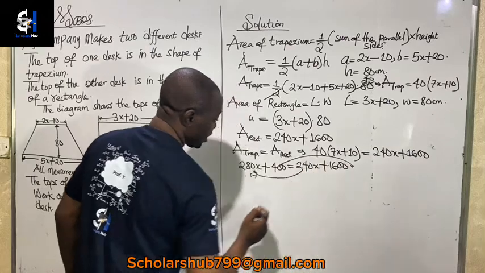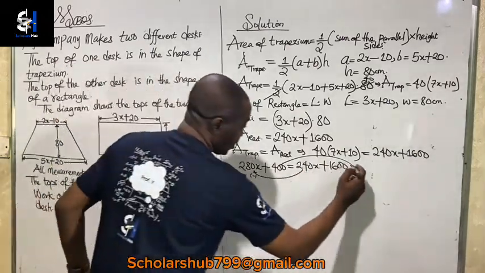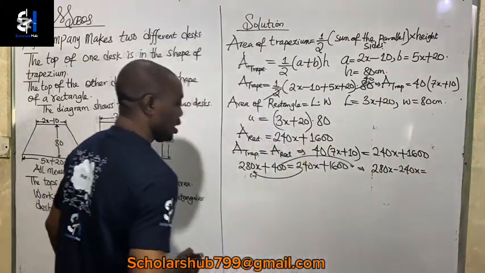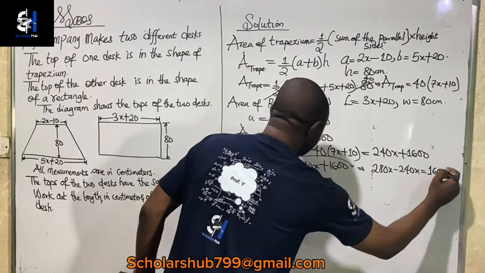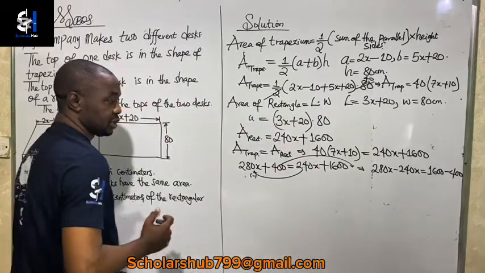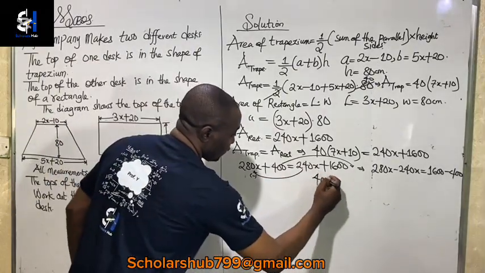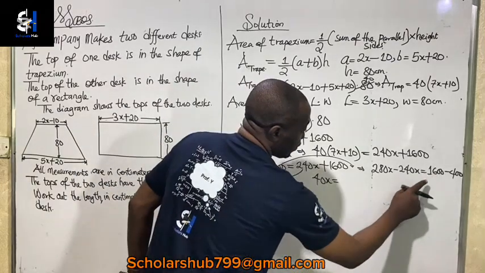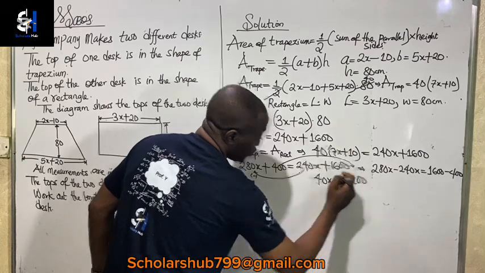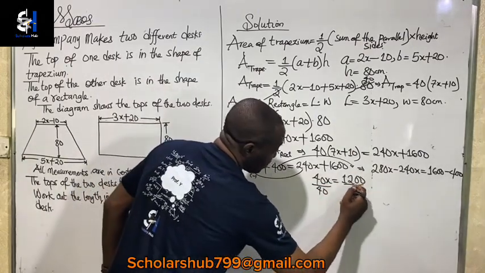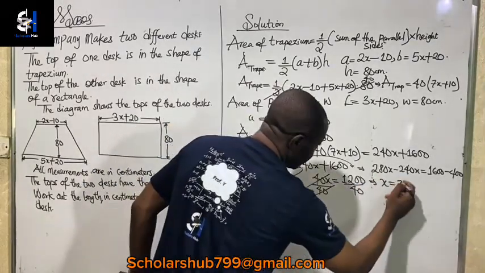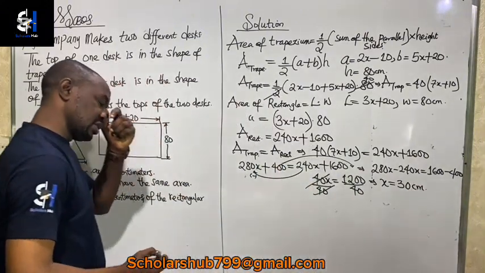The 400 will travel to the right-hand side because we are combining like terms. So we have 280x minus 240x equals 1600 minus 400. 280 minus 240 is 40, so we have 40x equals 1200. We can now divide both sides by 40, so x will be 30. So x is 30 centimeters.